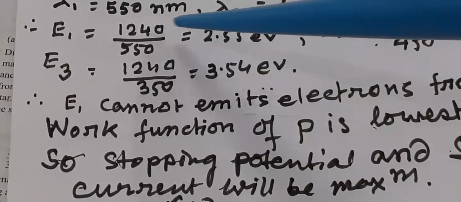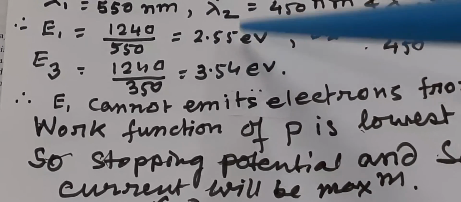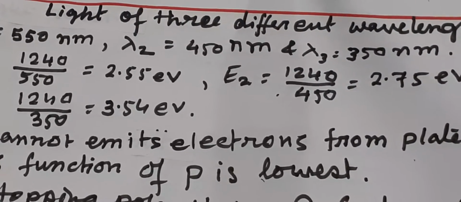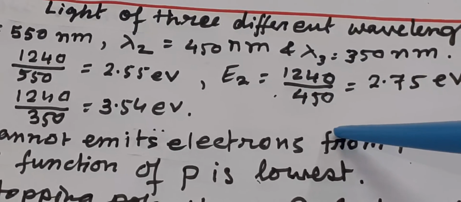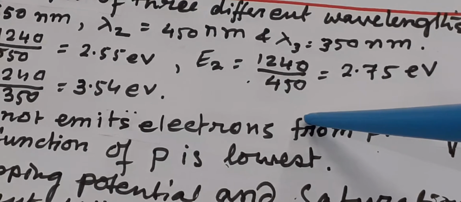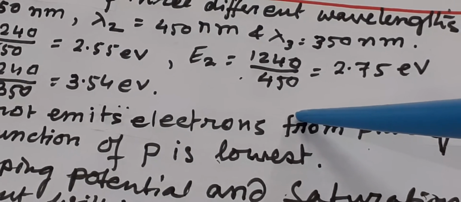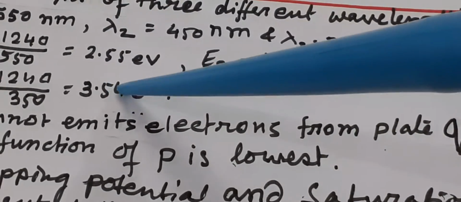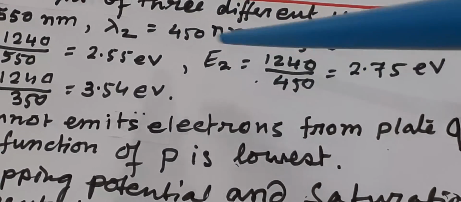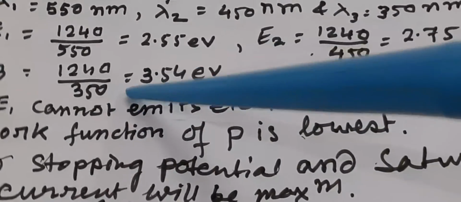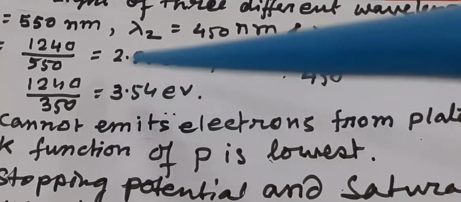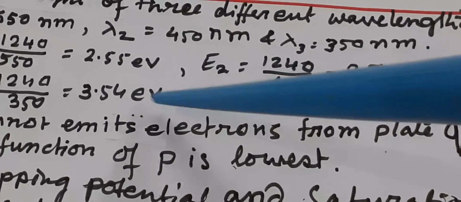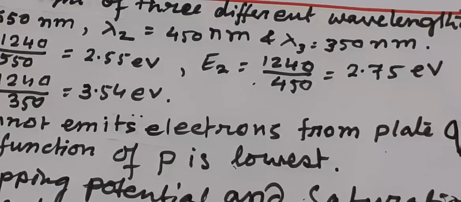This is the highest wavelength, lowest energy available. Then E2, which is 2.75, won't be able to eject out an electron from R metal, but it can eject out electrons from P as well as Q. And the third one, which has the lowest wavelength, highest frequency, that means 3.54 electron volt, can eject out electrons from all 3 metals.